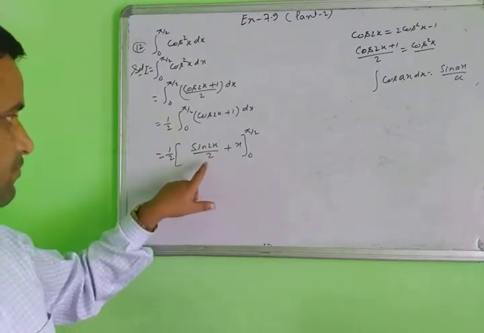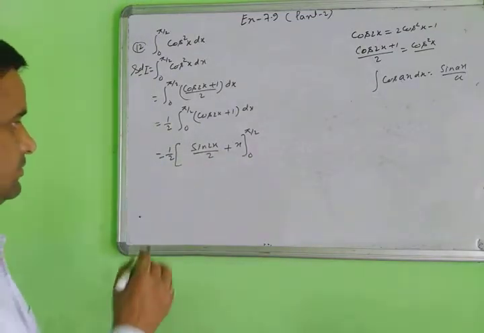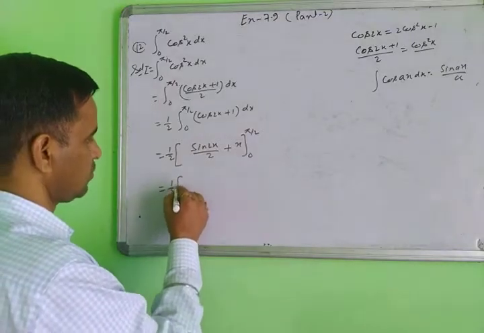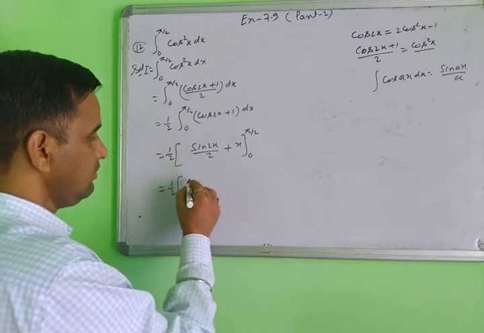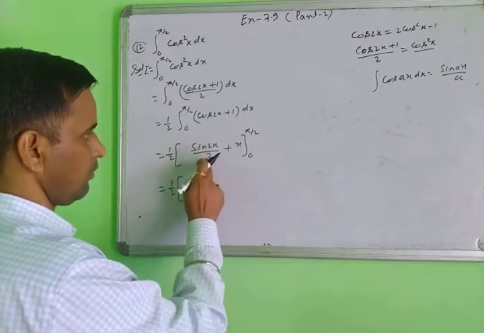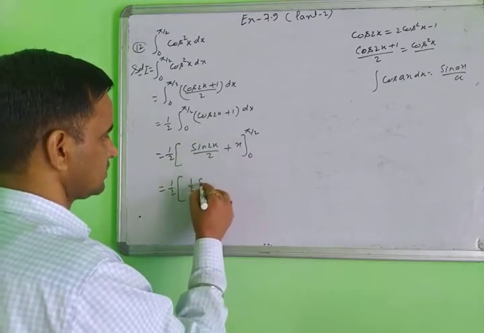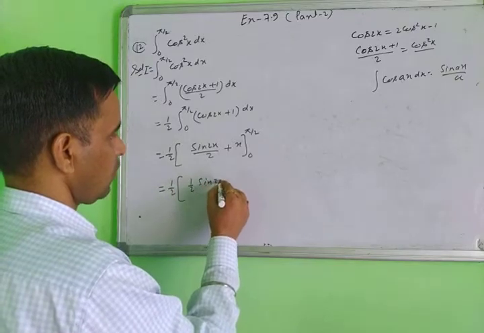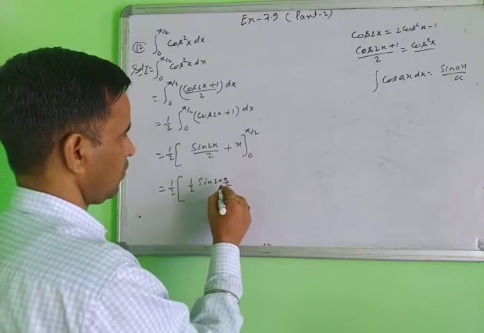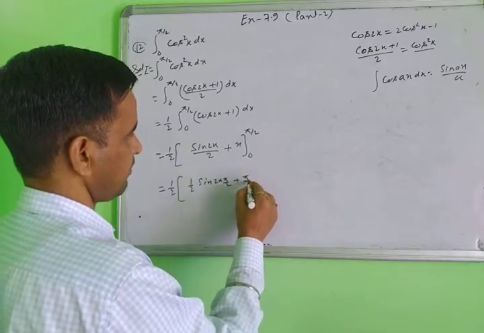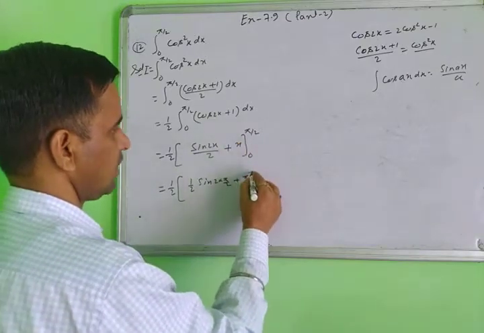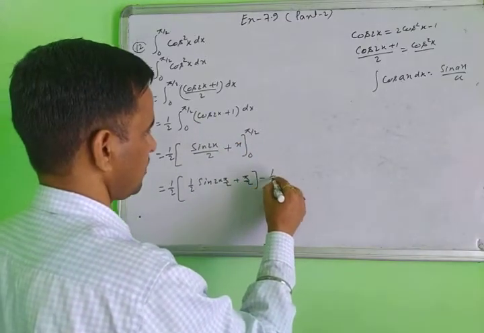After that, using the limit, we get 1 by 2 times [sin 2x upon 2 plus x], with x equal to pi by 2, minus the same expression at 0.